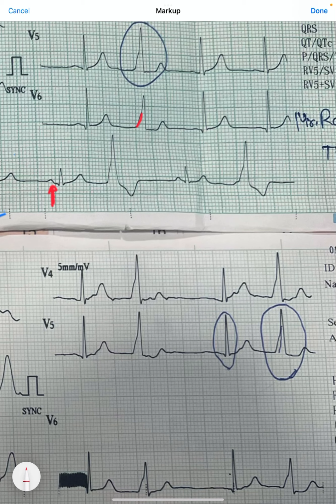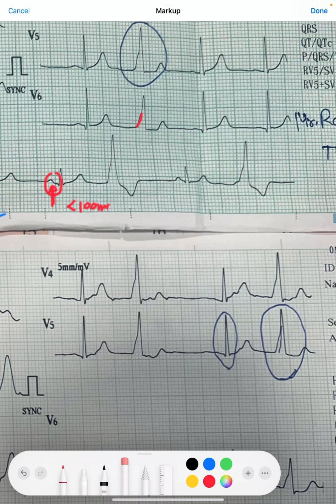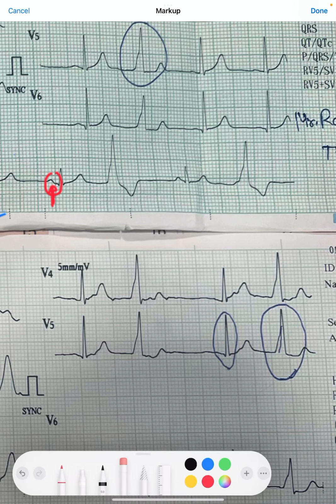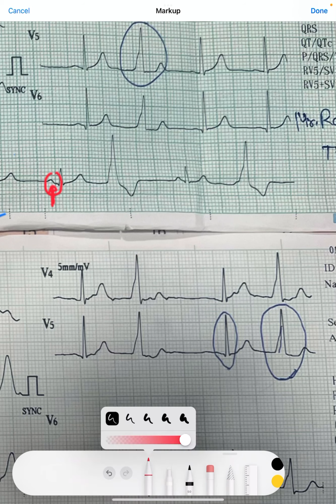So there is a very short PR, because here PR is normal, it is less than around 100 milliseconds. But here PR is not there; P is either embedded in this pathway, or P is not at all there. So very short PR, upsloping or slurring of the QRS beginning, and wide QRS complexes. This is a very, very typical feature of a delta wave.